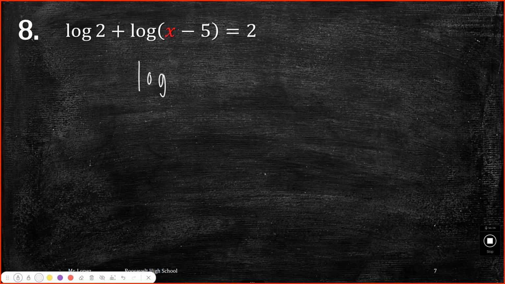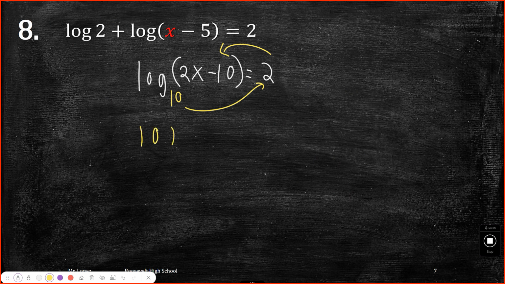So 2 times all that, it'll be 2x minus 10, because we're multiplying, distributing. And the base is 10, so 10 squared equals this. 10 squared is 100, so we're going to have 100 equals 2x minus 10.